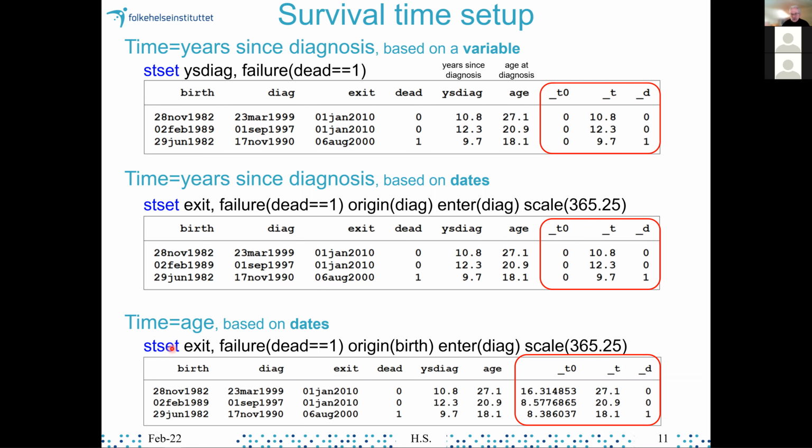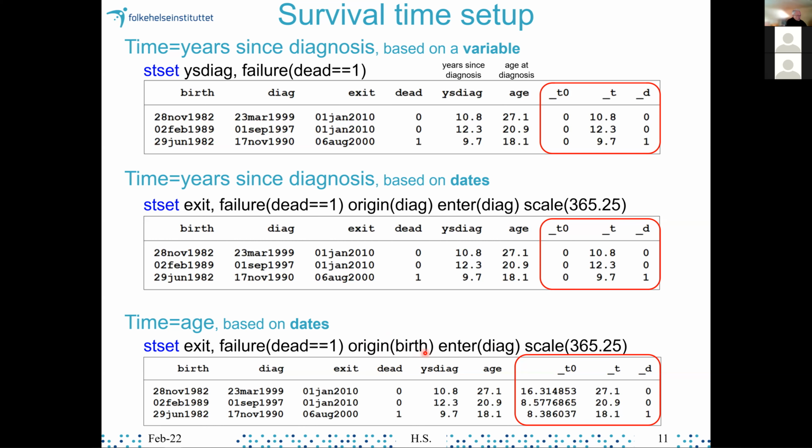Questions or comments about this? Yes. Can you please explain again the T0 in the last model? Okay, so here in the last model, we used dates as variables that we were entering here.